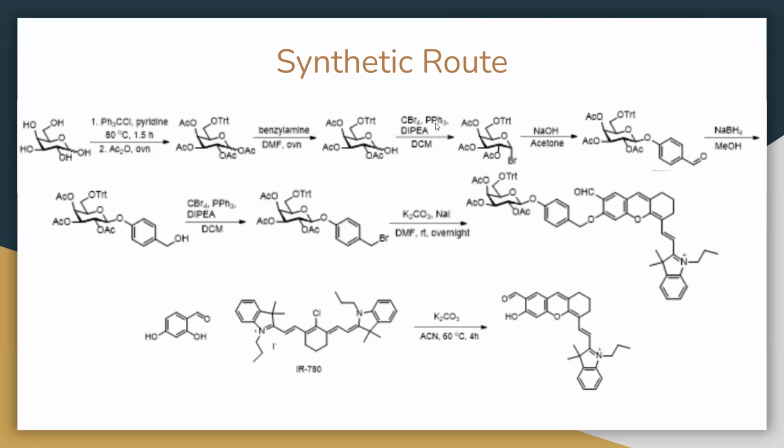After that, CBr4 is added, and this allows for bromine to be added in the alpha position. It's very important to add CBr4 instead of HBr because this facilitates the bromine group being added in the alpha position.